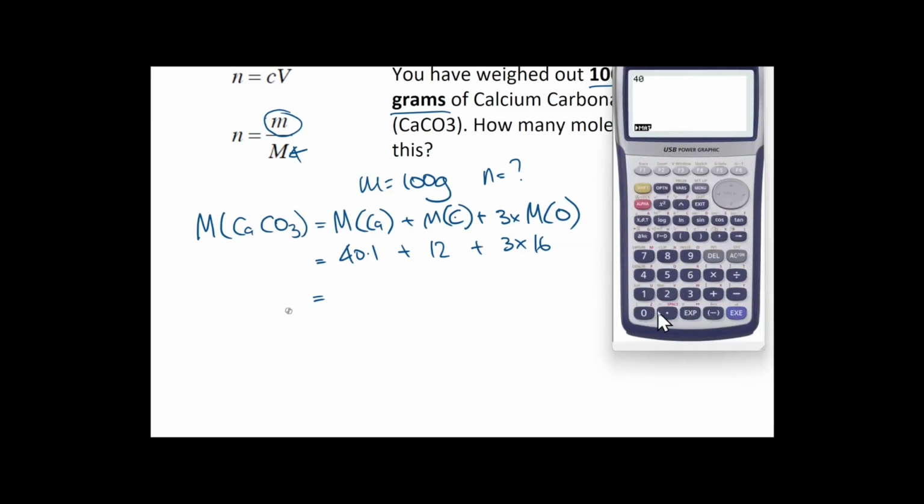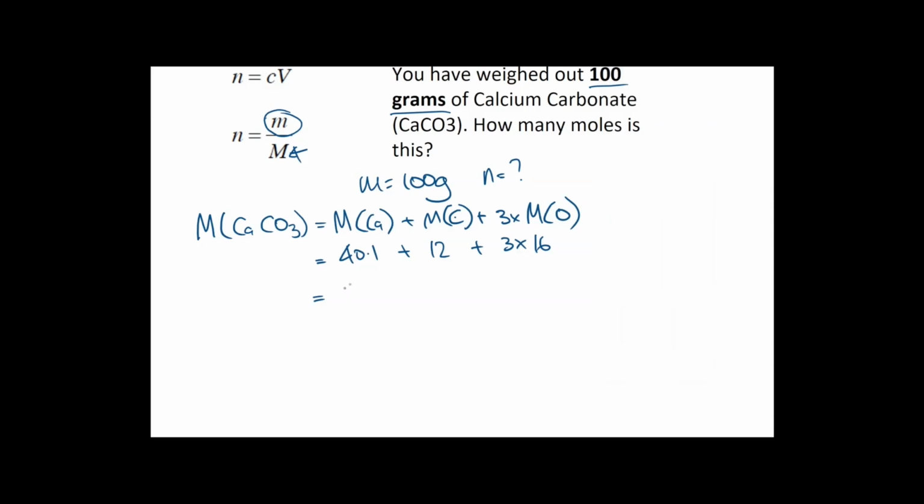So 40.1 plus 12 plus 3 times 16 is 100.1. Okay. So the number of moles is the mass, which is 100 divided by 100.1.